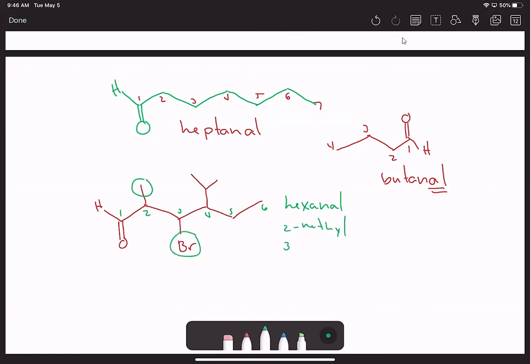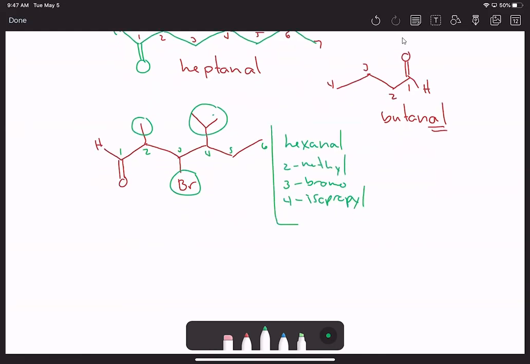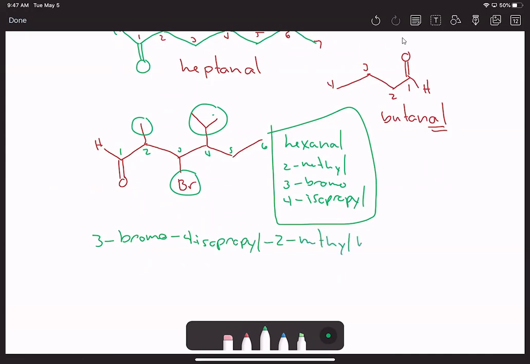On carbon number 3, there's bromo. On carbon number 4, isopropyl. I use my method that I always use, I write everything down first, making sure I don't miss anything. Alphabetical order says I have 3-bromo, 4-isopropyl, 2-methylhexanal.